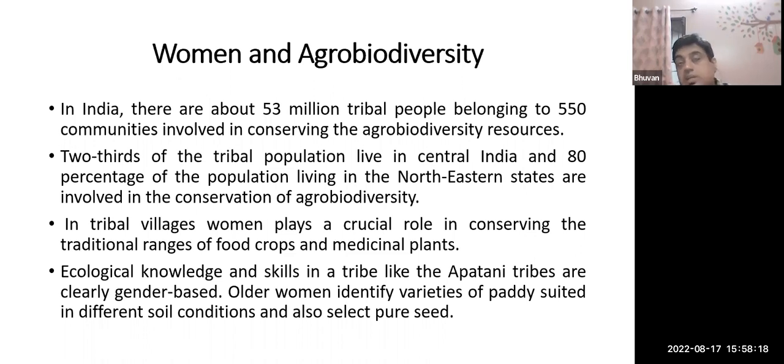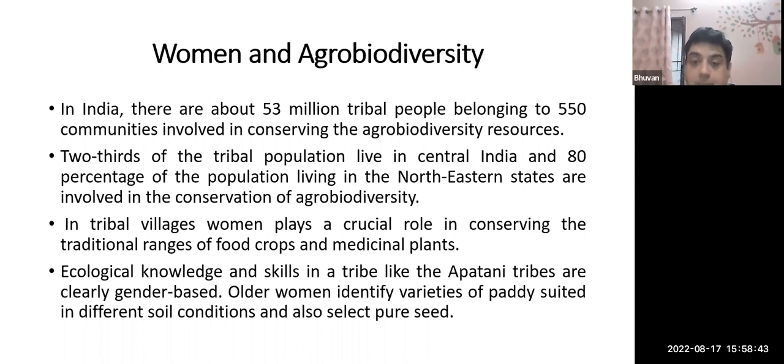There is a gender-based role in harvesting of the agrobiodiversity, in which women play a very important role. They have developed various kinds of ecological skills and knowledge through which they sustainably harvest the agrobiodiversity.